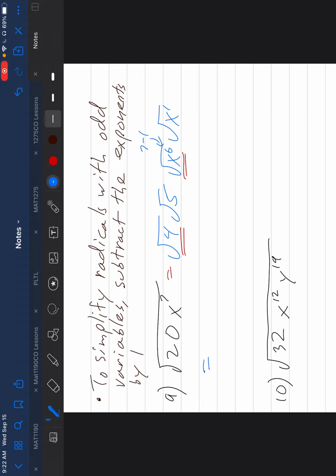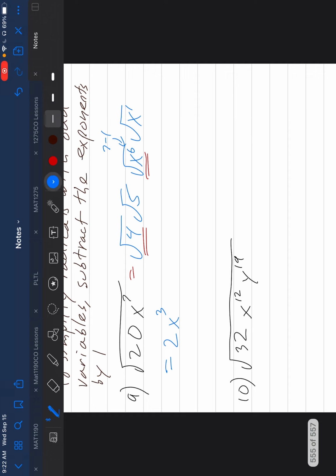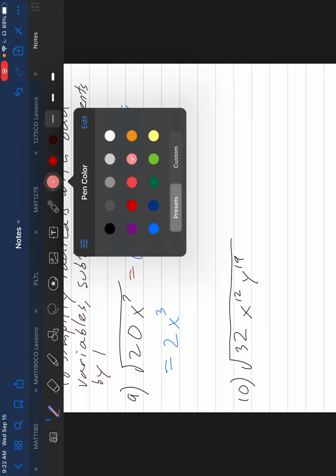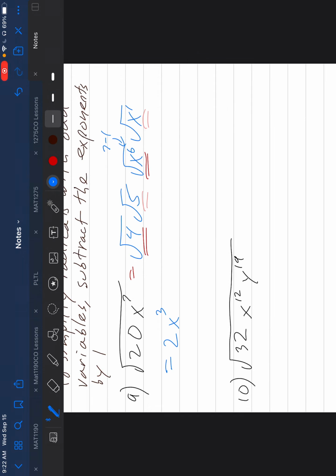So let's take the square root of those things first. 2x to the 3rd power. We took the square root, so it comes outside the radical. Now what's left in the radical? I will underline that in pink over here. Now we have two separate values that are not perfect squares, so they're going to get combined into a single radical. Do not separate them, keep them together.